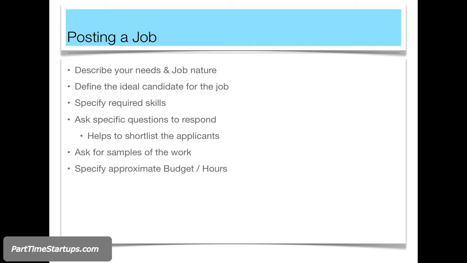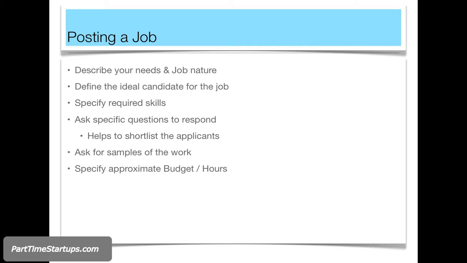Rather than just saying I'm looking for a PHP programmer, apply for this job, I'll try to be a little more descriptive: I'm looking for a PHP programmer with very good experience in Zend framework and also working experience in e-commerce websites. If you have these skills, then apply for this job.